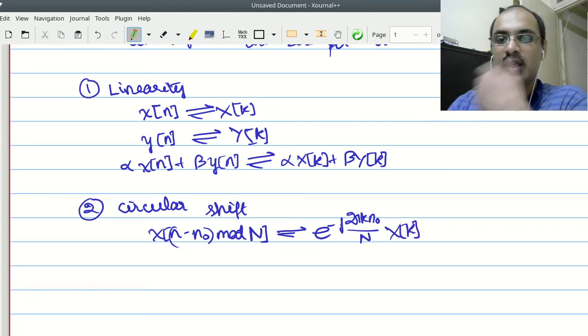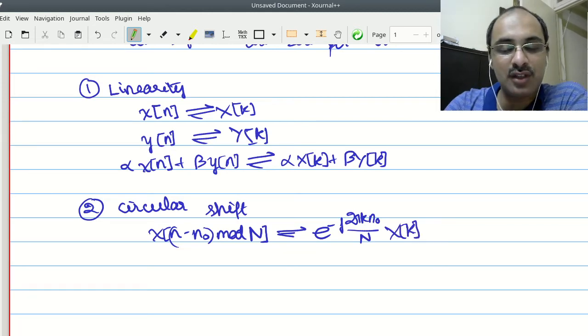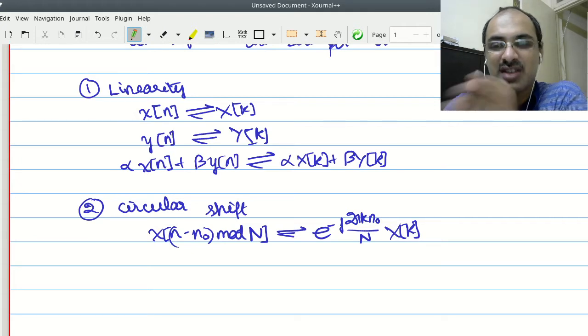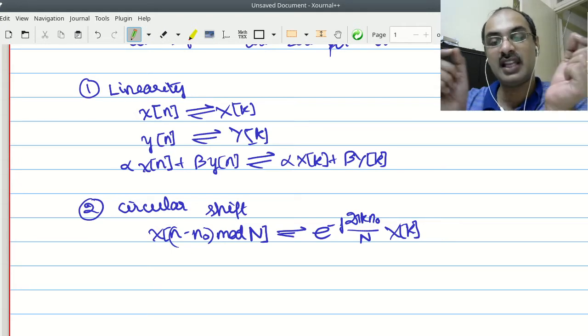You can understand this by looking at the sampled version of the DTFT, because essentially if you delay, you are delaying the periodic sequence.